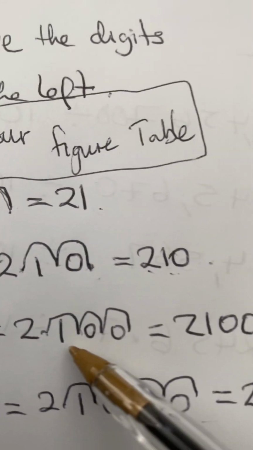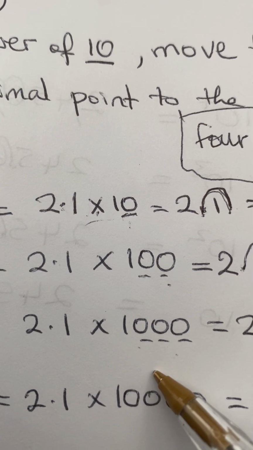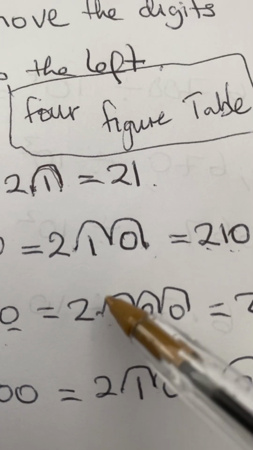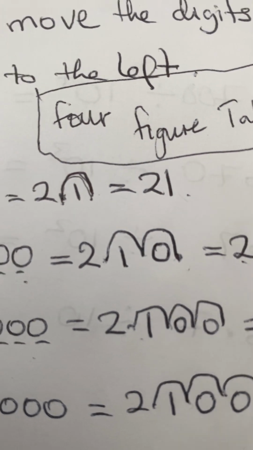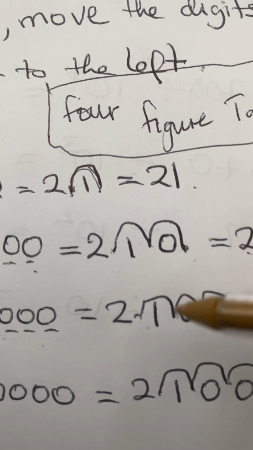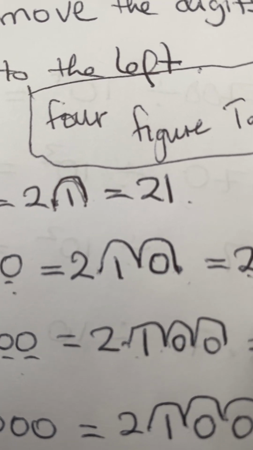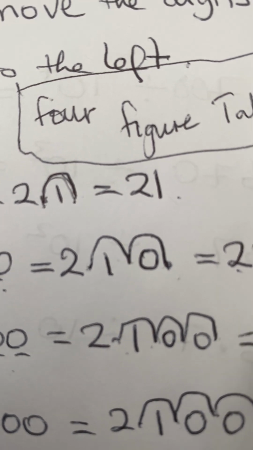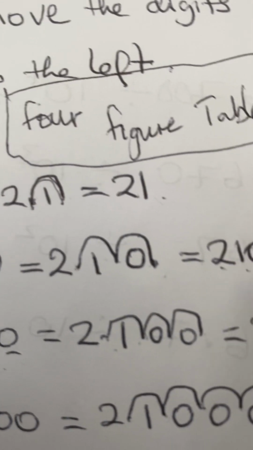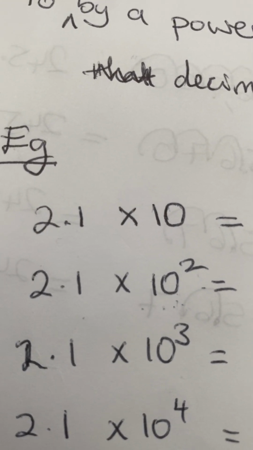So now I write 2.1, but because 1,000 has 3 zeros, I'm going to make 3 loops. Okay, and the empty ones I'll put in zeros. So I have 1, 2, and 3. So now my new answer will be 2,100. Okay.